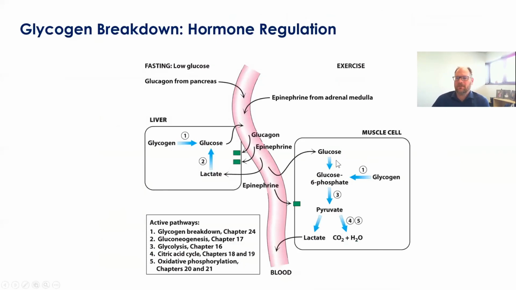So the different tissues have different roles. In the liver, when glucose levels are low, glucagon or epinephrine are secreted: glucagon in the case of low glucose levels, epinephrine in the case of the bear coming. And both of these stimulate the breakdown of glycogen via this mechanism we just talked about, and the secretion of glucose to the blood.